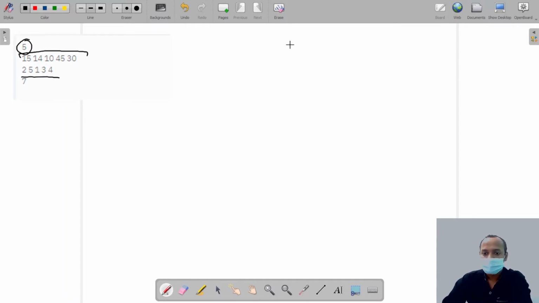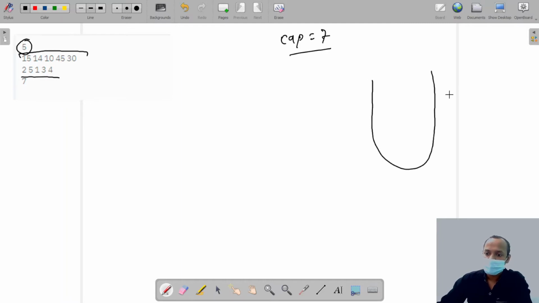Now we have been given the capacity of a bag, let's say 7. So this is the bag and the capacity of the bag is 7. Now we put these items in our bag, up to the capacity of the bag, and we have to generate the maximum value in our bag.